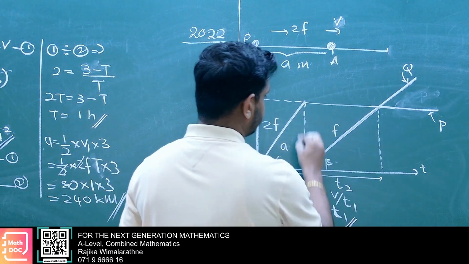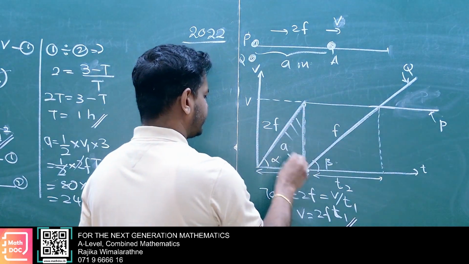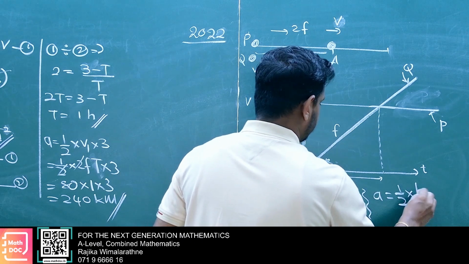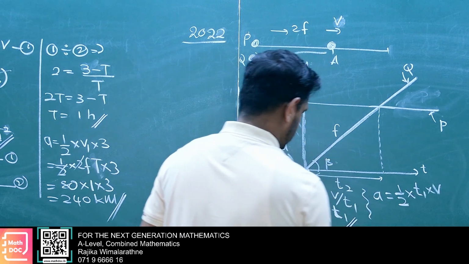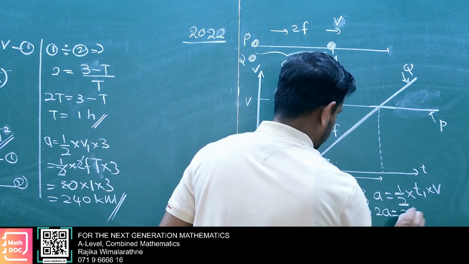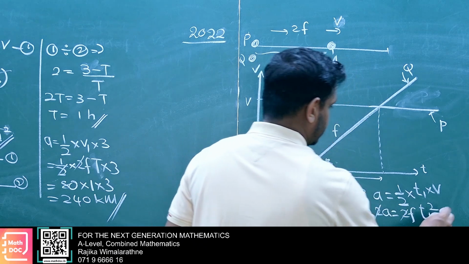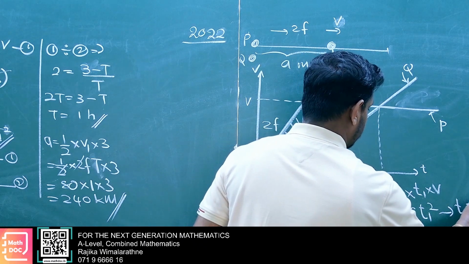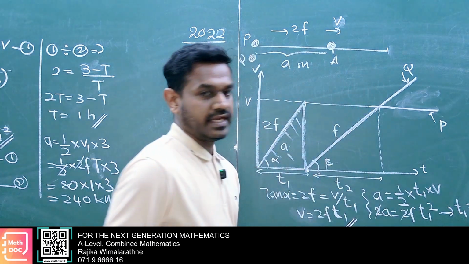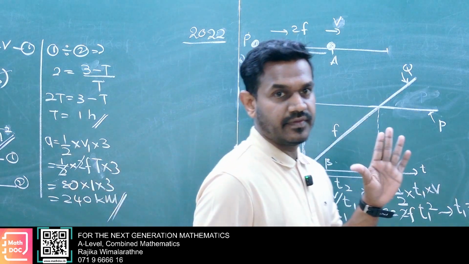Then displacement A is this area: half into T1 into V. Substituting V equals 2F T1, we get A equals F T1 squared, so T1 equals the square root of A divided by F.